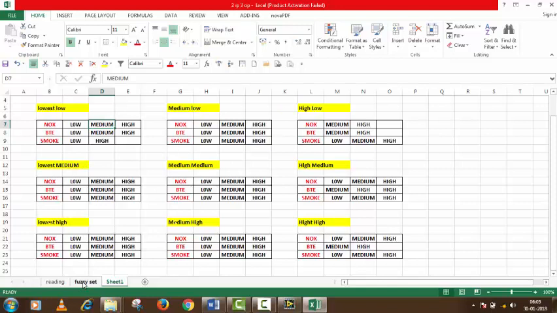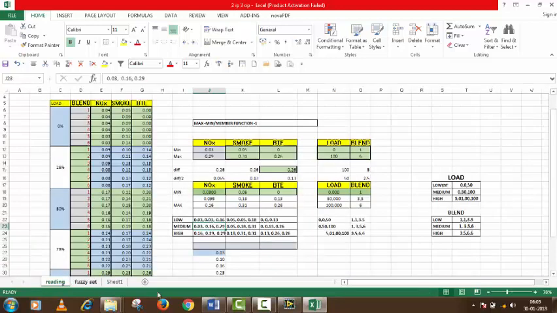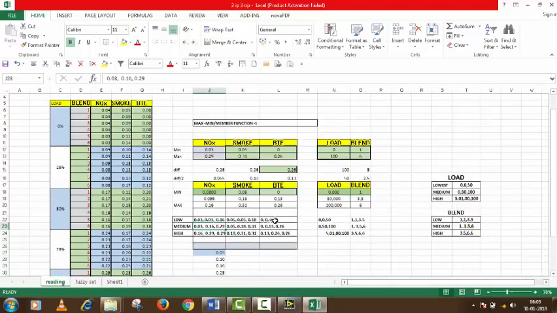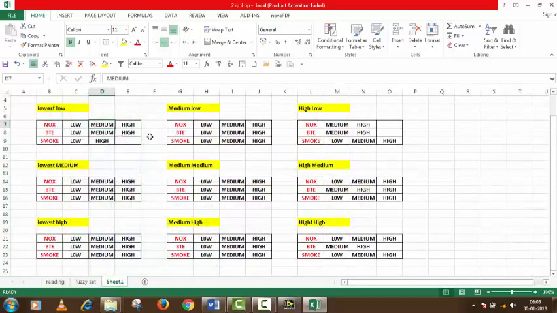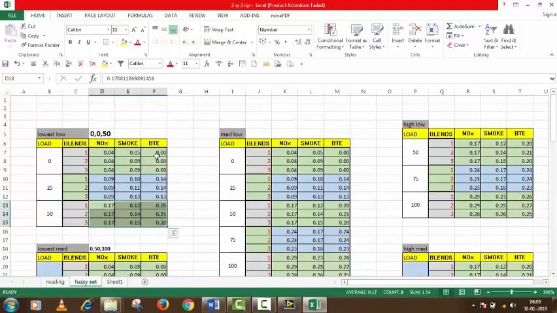Coming to the next, breakdown efficiency: 0, 0.14, 0.13, 0.20, 0.1. 0.13 lies in this range, and 0.21 lies in this range. So low, medium, high will be there. Coming to smoke: 0.05, 9, 10, 11, 12, 14, 15.